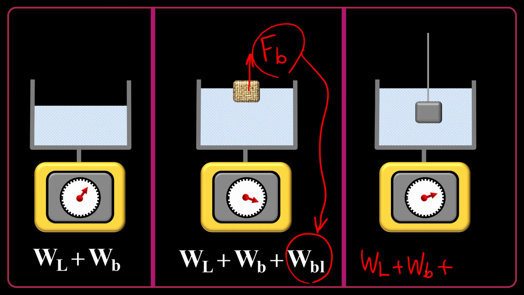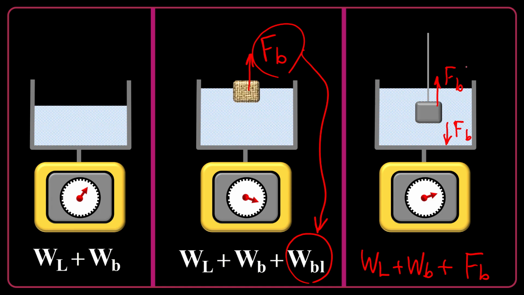That something is always, as usual, the buoyancy force. Why? Because there is a buoyancy force acting on the block anyway, even if it sinks. And this buoyancy force is reflected back and the reaction is downward to the bottom of the beaker, and it's sensed here.